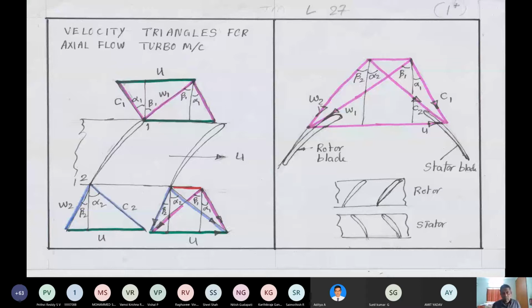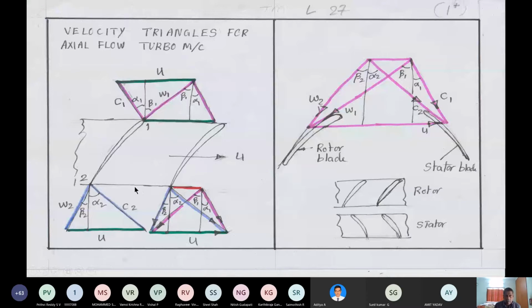So you have the inlet, the relative velocity W1 is shown here, the fluid velocity C1, the blade velocity is U. Similarly, at the exit also you can draw the velocity triangle. W2, C2 and U. I have not marked the directions here, but the angles with respect to the axial direction are indicated. Alpha 1, beta 1 at entry and alpha 2, beta 2 at exit.